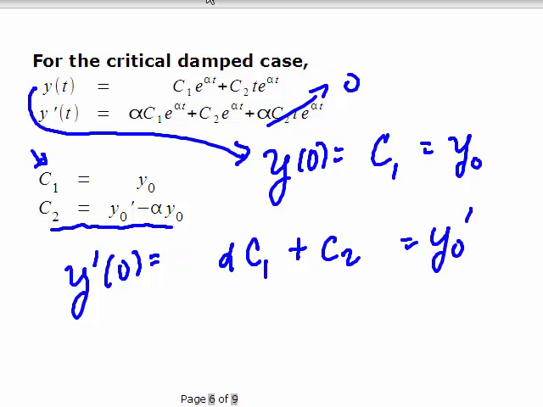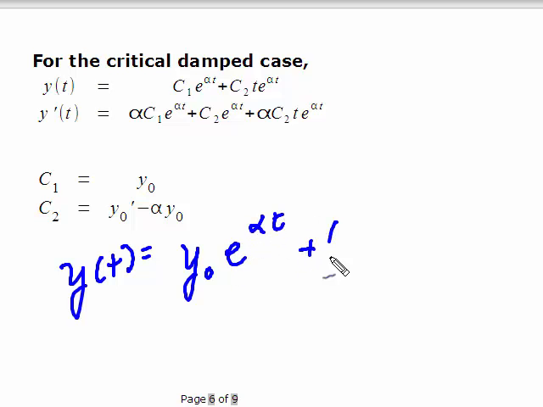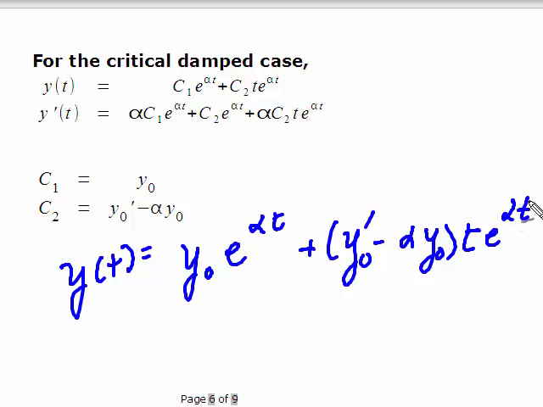Not much algebra there. It makes it easy. So the solution is y naught e to the alpha t plus y naught prime minus alpha y naught, times t e to the alpha t. Again the C's are gone, and we just have the initial conditions embedded right in the solution.